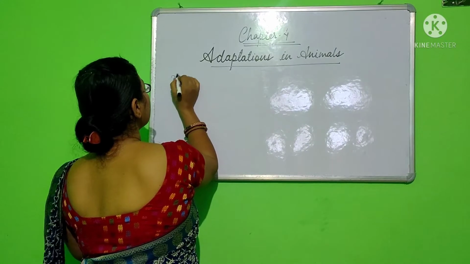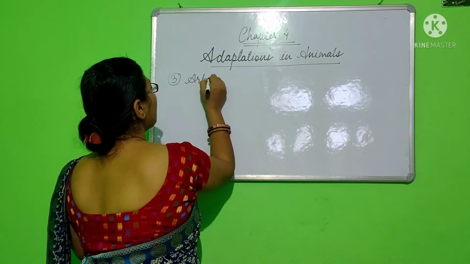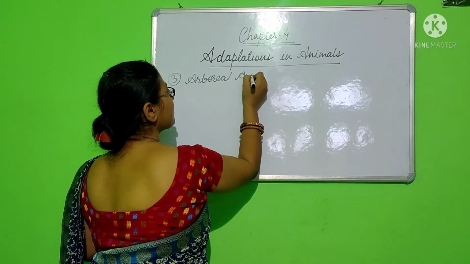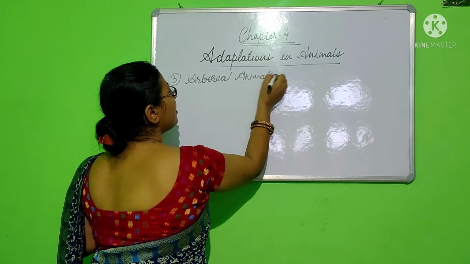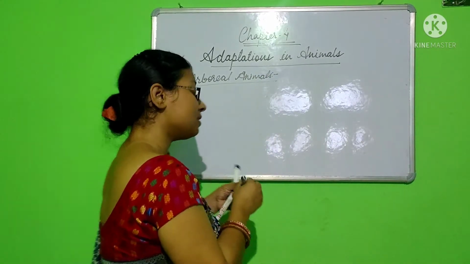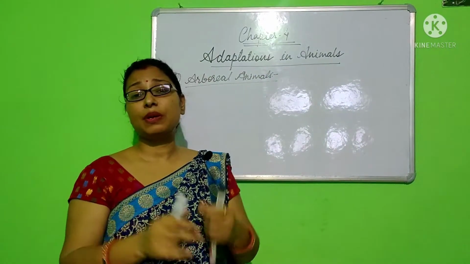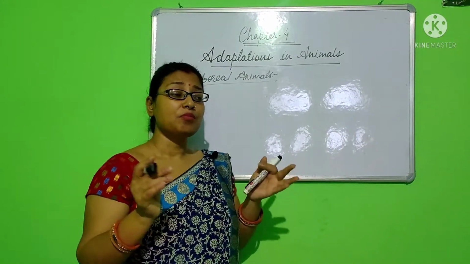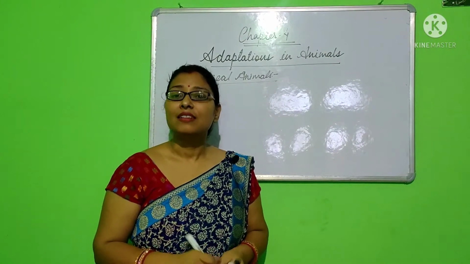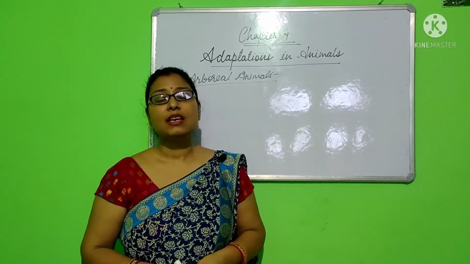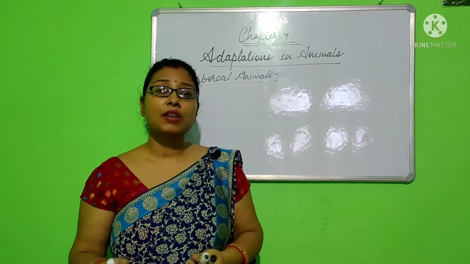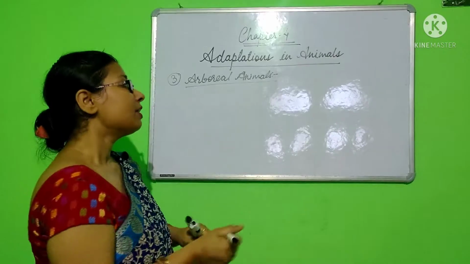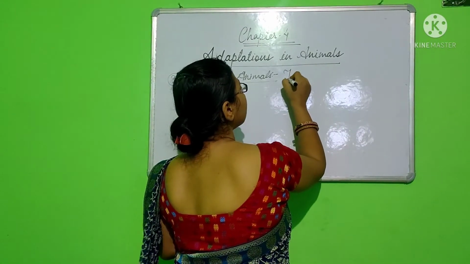The third type is arboreal animals. What are arboreal animals? Some animals do not prefer to live on land, nor do they prefer to live in water. They prefer mostly to live on trees. The animals that spend most of their lifetime on trees are called arboreal animals.